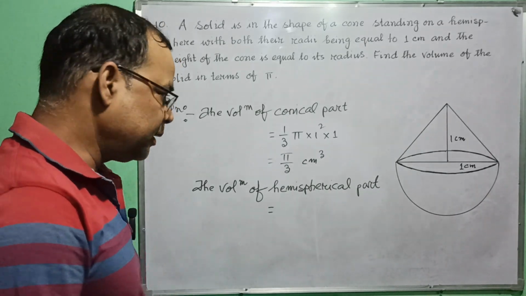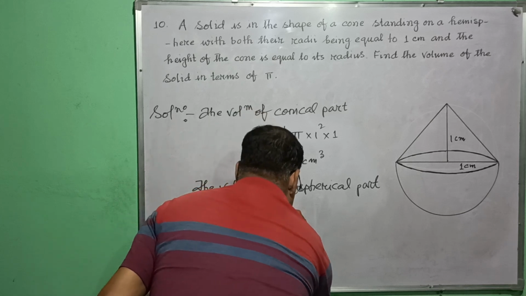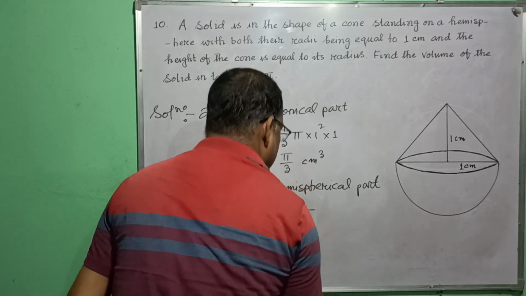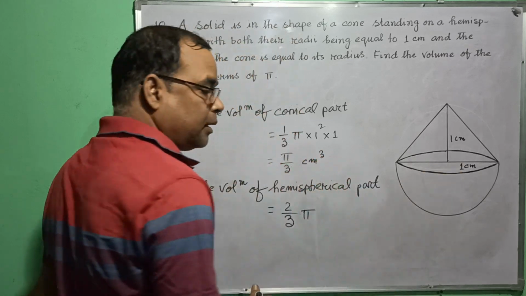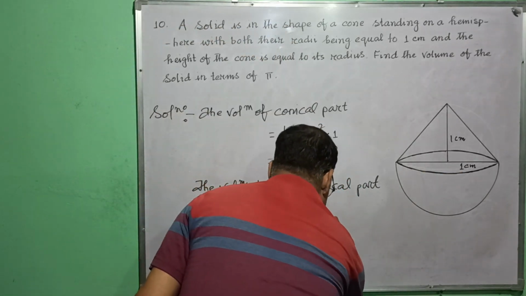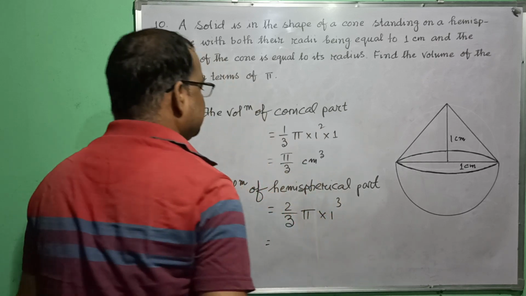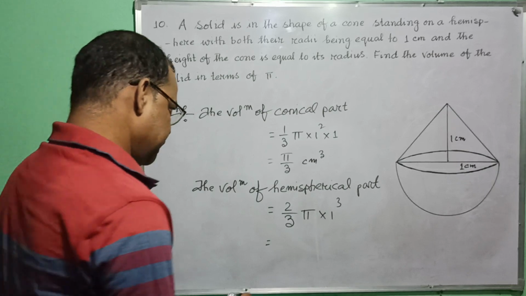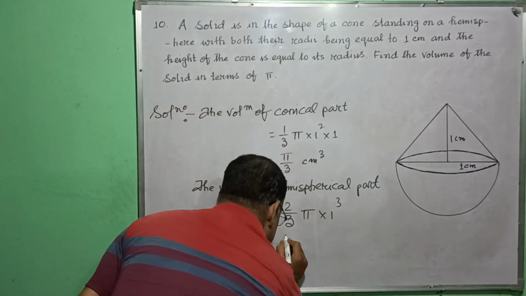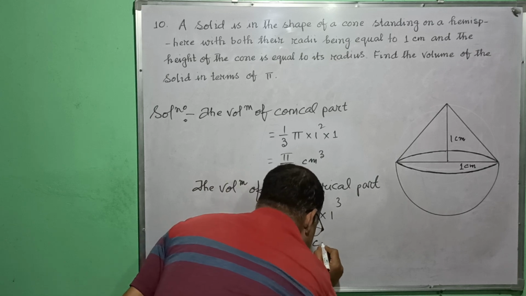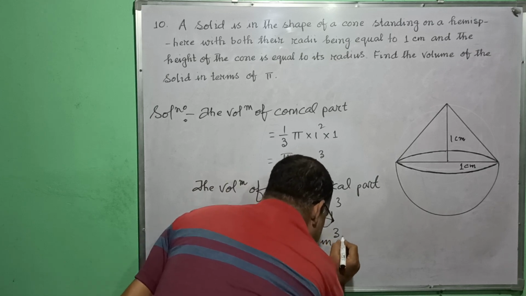It is 2/3 pi r cube. So we'll write 2/3 pi r cube. So what is r? r is 1 centimeter. So we'll write into 1 cube, it is twice pi by 3, because 1 cube equal to 1. So it is 2 pi by 3 centimeter cube.